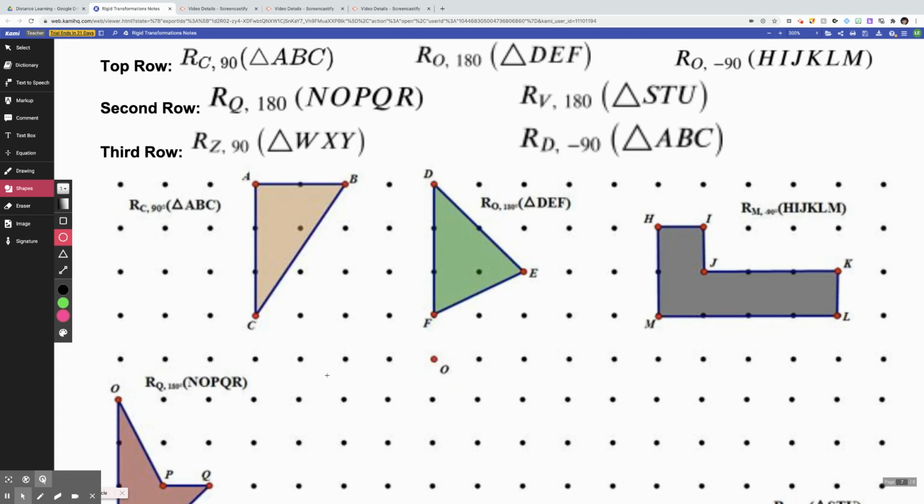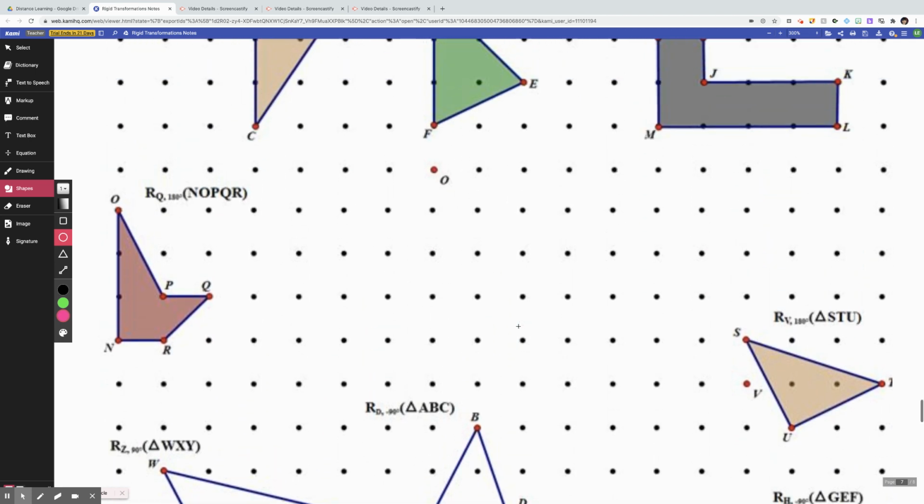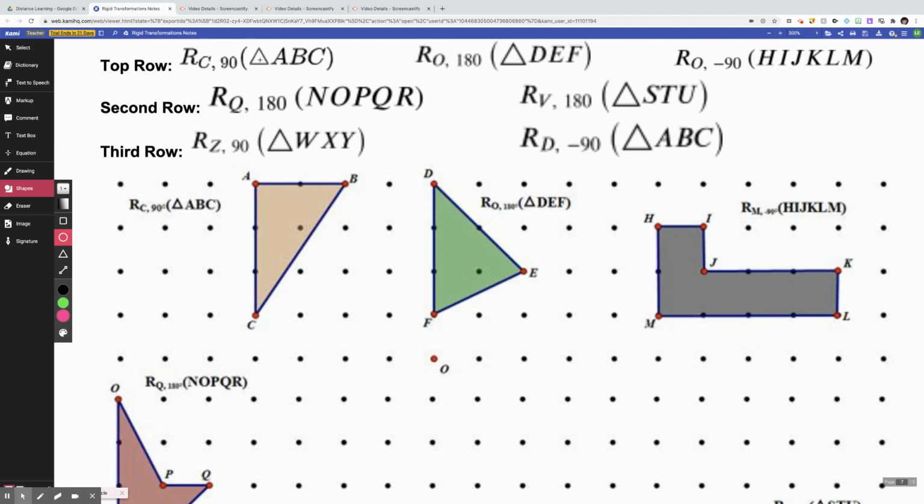All right, folks, so what you see on your screen right now is a bunch of shapes, and there's a ton of them. They all have different vector notation, points of rotation, and how many degrees we want to rotate them. So I'm going to show you a couple of different methods that you can use to rotate these.